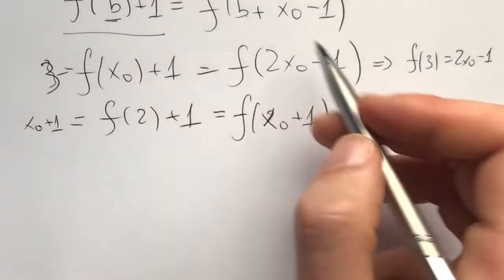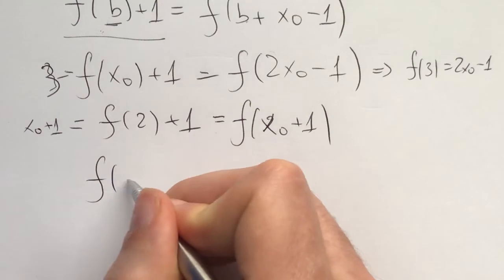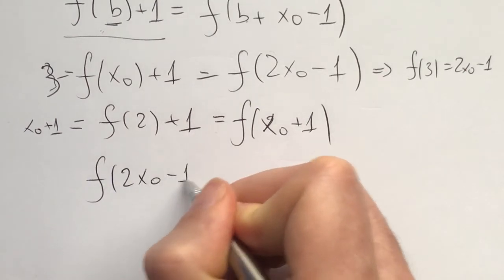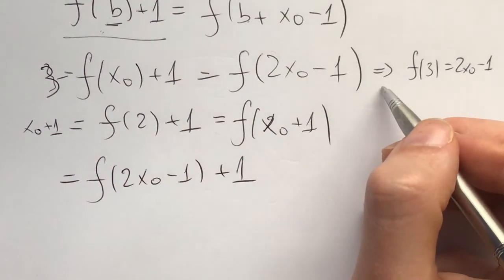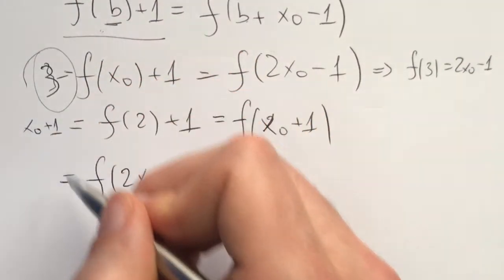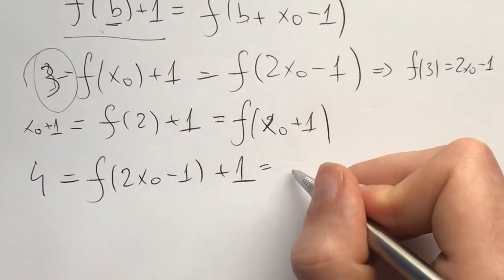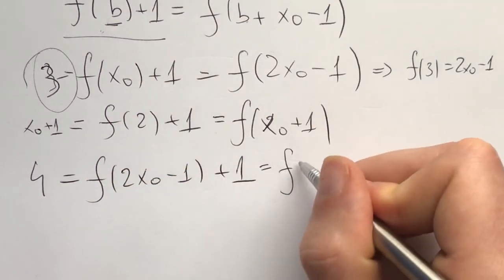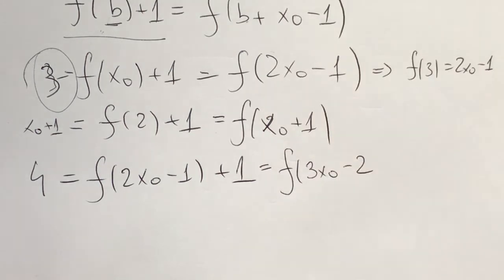And now if we plug in 2x0 minus 1 here, we will get that f of 2x0 minus 1 plus 1, which is 3 plus 1, is 4, is going to equal f of 3x0 minus 2.